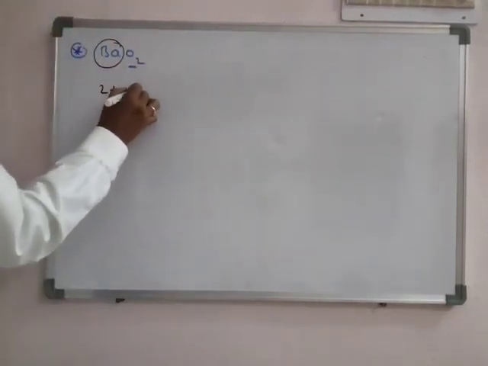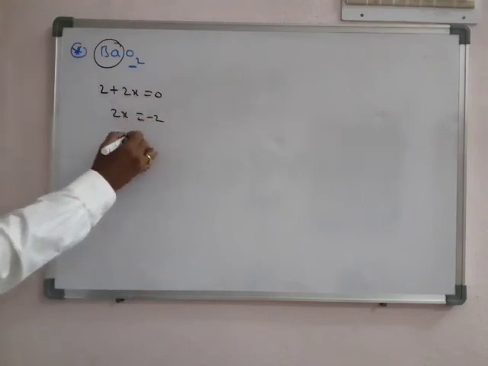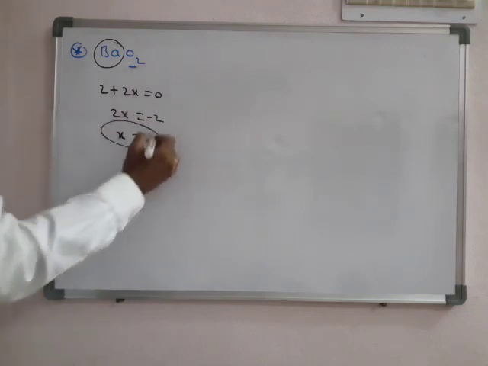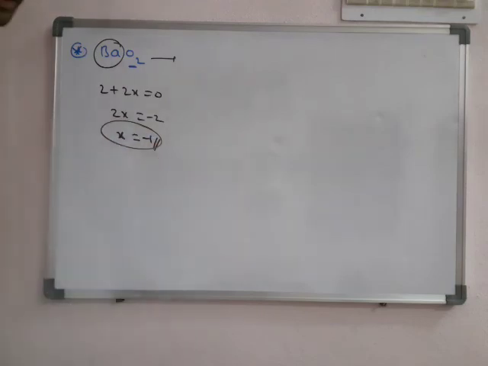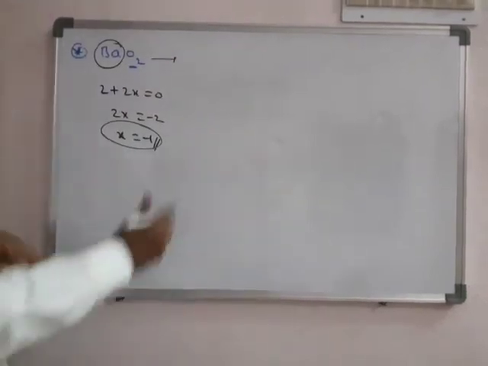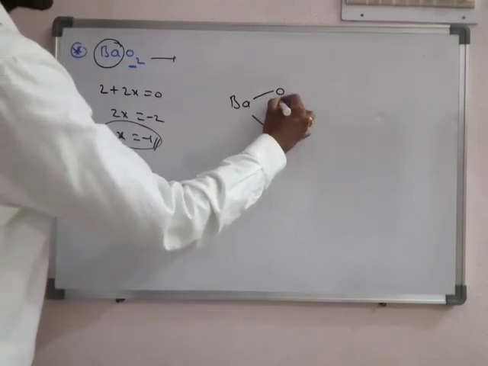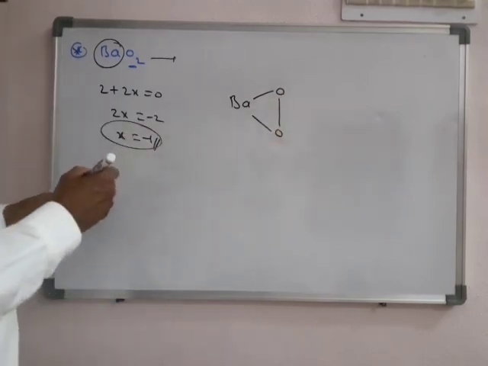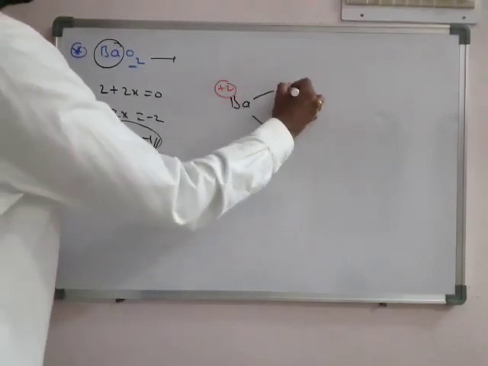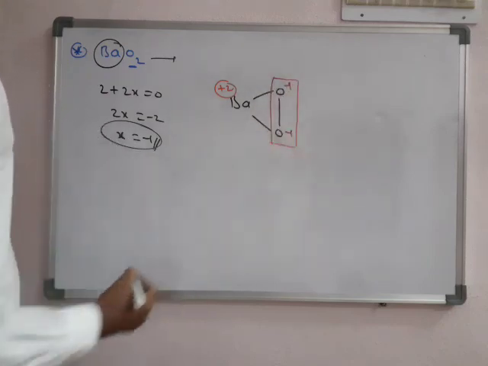So plus 2x, so x equals -1. Oxygen oxidation state -1 means it is nothing but barium peroxide. If you see the structure of barium peroxide, peroxide means an oxygen-oxygen linkage. Here barium is present as +2, O -1, O -1. This O-O bond is called the peroxy bond.